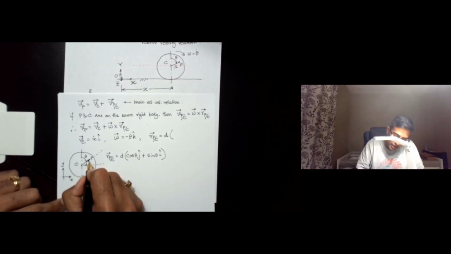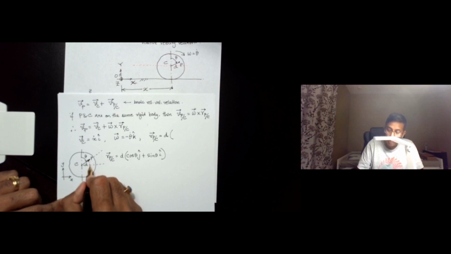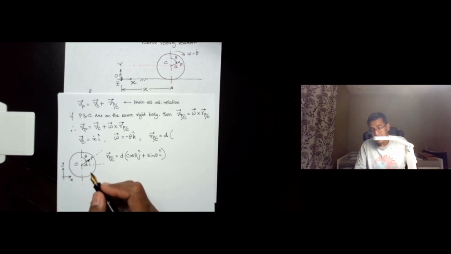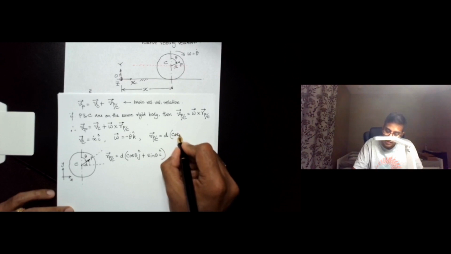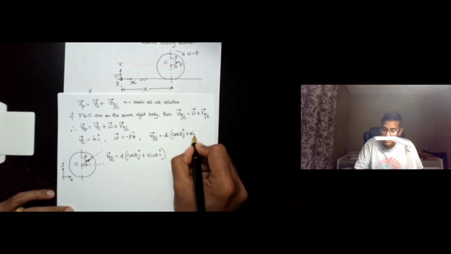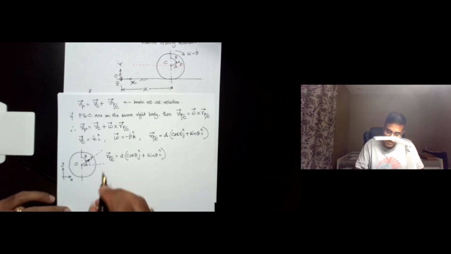What you can do is draw a perpendicular line from the point P to the horizontal, forming a right angle triangle, and treat PC as the hypotenuse. The adjacent and opposite side distances are then the x and y components of this vector. So rewriting that, d cosine theta j plus sine theta i. This is the position of P with respect to C.